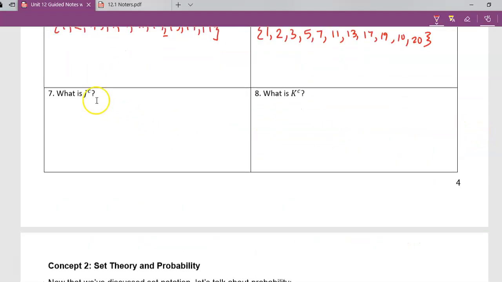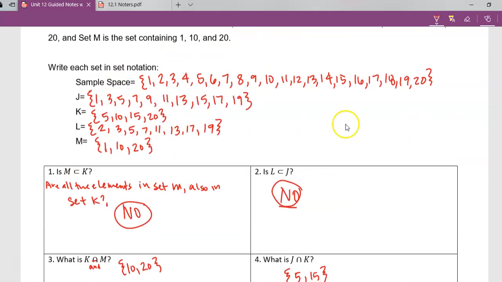What is J complement? So that would be all the numbers that are in my sample space that are not in J. So if I go back up here and look, J is all of the odd numbers in the sample space. So I would go through and cross out all the odd numbers in order to get the complement.